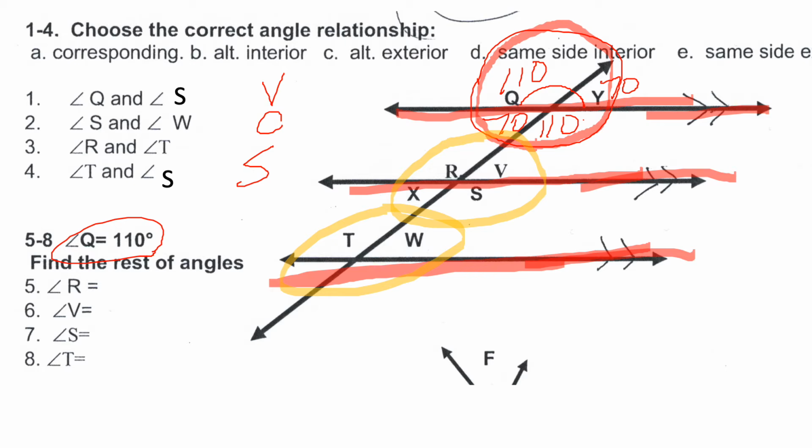You will end up with R matching, top left, S matching, bottom right, 70 and 70, everything in the same place. T would also be 110 and W would also be 70. The ones in the same exact place. So you got your numbers. R is 110, V is 70, S is 110, and T is 110.